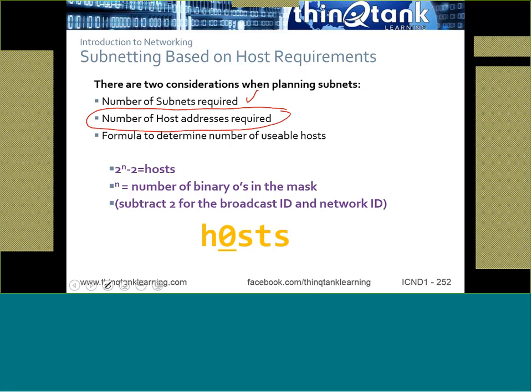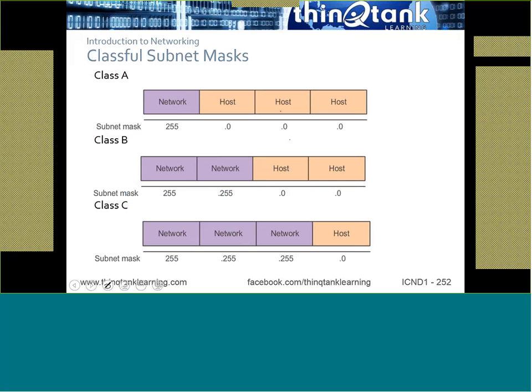Because when it comes to hosts, what are we concerned about? Let me go back to this slide here. When it comes to hosts, what are we concerned about in the mask? Are we concerned about the ones? No. We're concerned about the zeros. The number of zeros in a mask determine how many hosts you can have in a network.